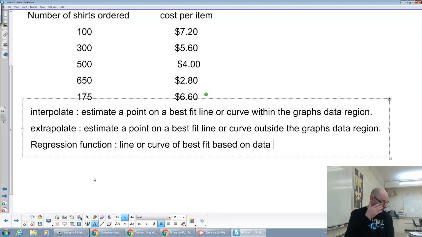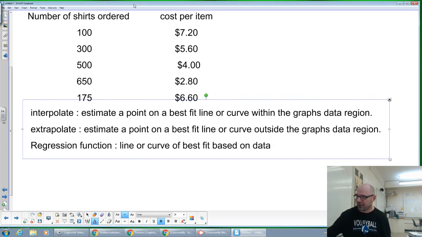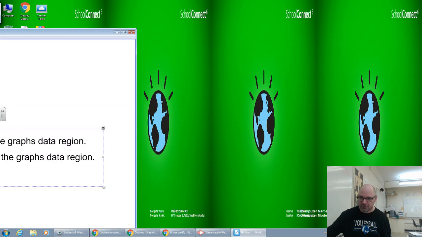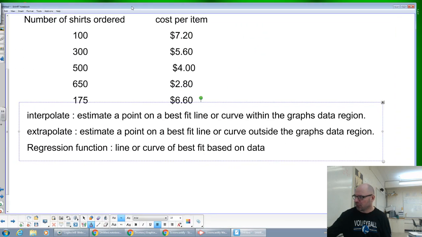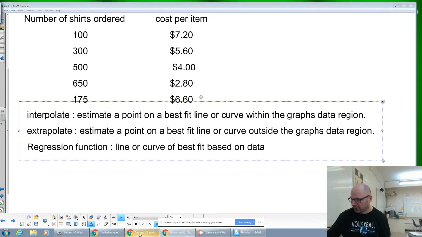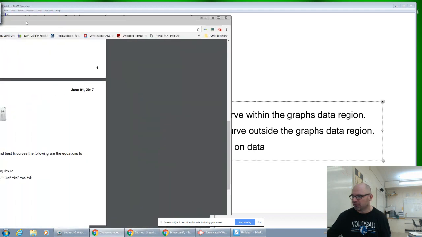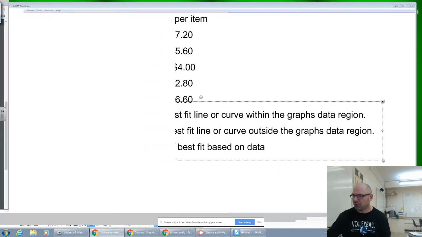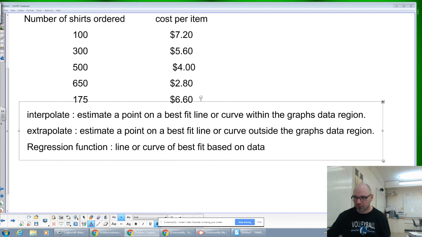So let's go to Desmos, and like I said, I'm a little bit rusty, so hopefully I get it on the first crack here. We'll just put the Desmos one over top. Oops, that's my background notes.